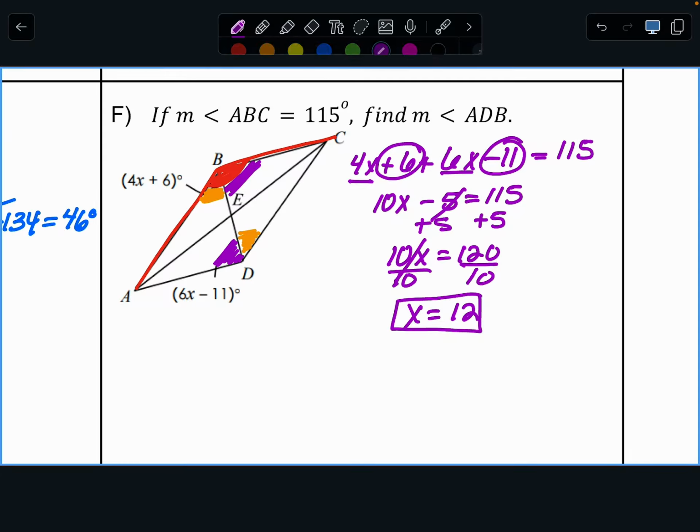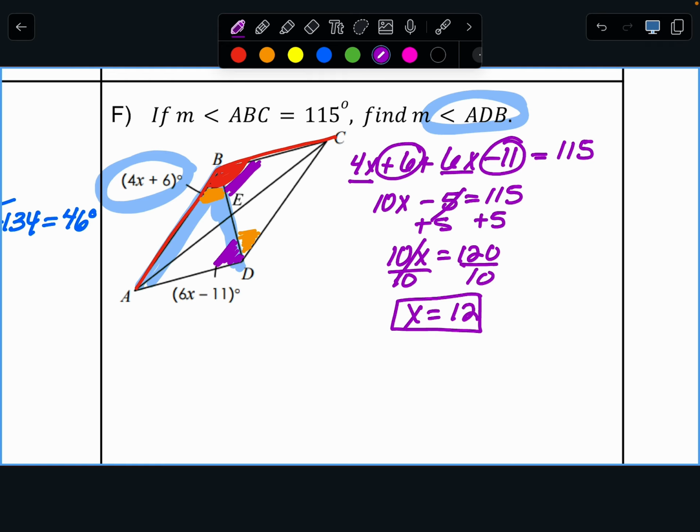But that's not what I asked you to find. I'm asking you to find ABD. So A, B, D, that's this angle, which is this. So then I just have to substitute. 4 times 12 plus 6, that's 48 plus 6, that's 54 degrees.